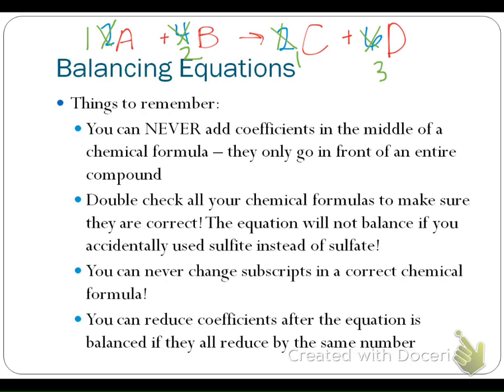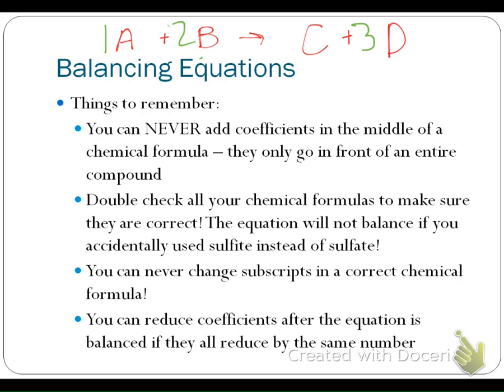Okay, I know that's a little sloppy for you to see, but we can reduce those down, okay? And if we have a 1 coefficient in front of anything, that means we don't need the coefficient at all. So this would then read A plus 2B equals C plus 3D. Okay, we've got to reduce them if they're all divisible by the same number.